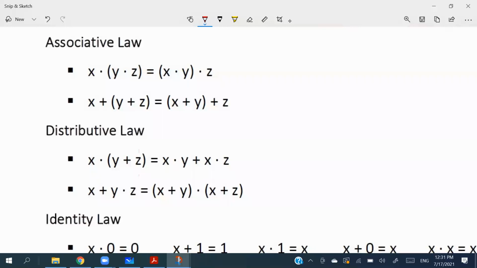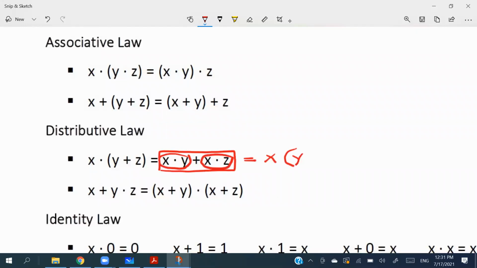So we can apply this in the reverse way as well. Now, if you consider this part of the law, this term alone has an x and this term alone has another x. So we can take the x out. Once we take something out as a common term, brackets are applied automatically.